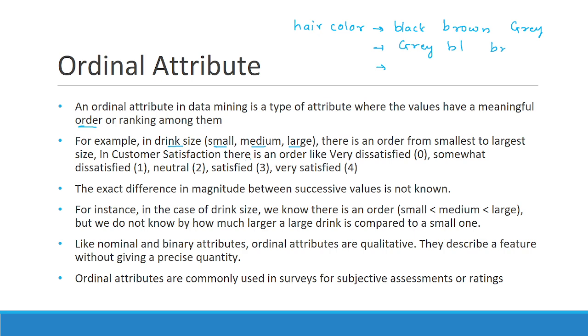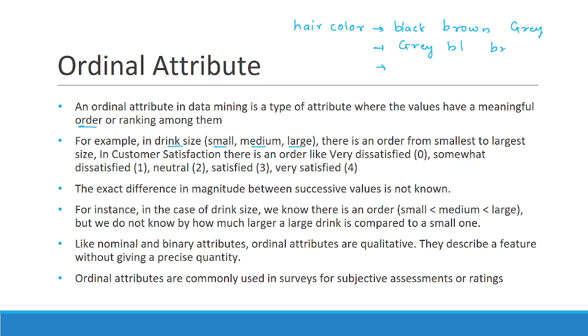Many times we give feedback when we purchase anything on Amazon or any online shopping website. In that feedback, multiple satisfaction levels are given, like very dissatisfied, somewhat dissatisfied, neutral, satisfied, or very satisfied. Every value will have a meaningful order. Like we know small is less than medium, medium is less than large.